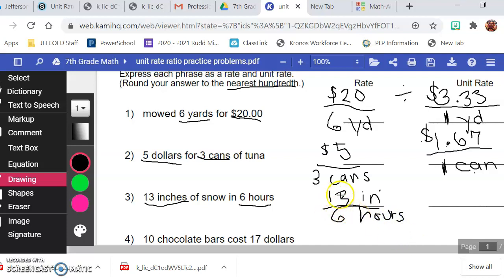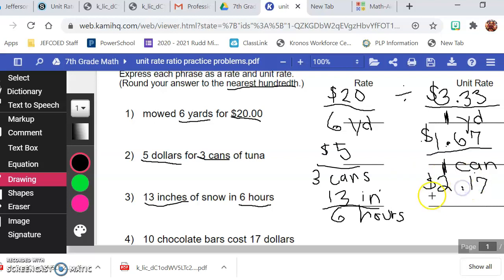I'm going to come into my calculator. We're going to divide. Remember, numerator divided by denominator. So 13 divided by 6. When we do that, we get 2.166666 repeating. Remember, round to the nearest hundredth, so 2.17.